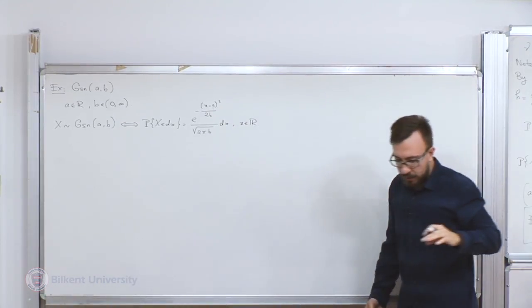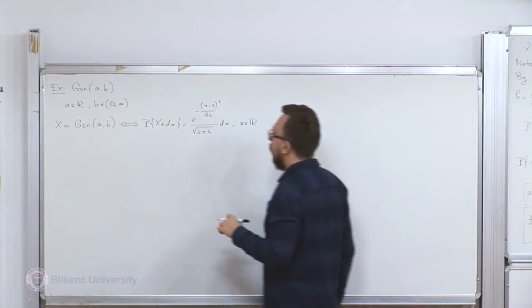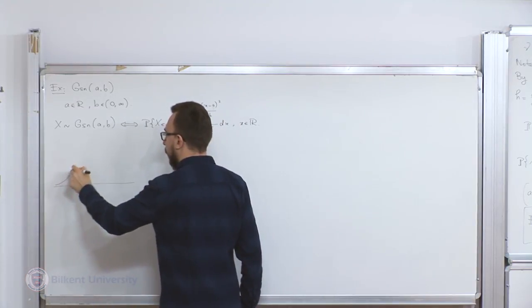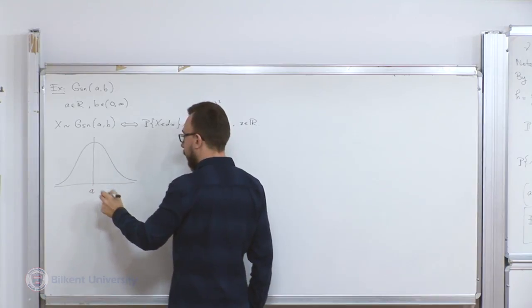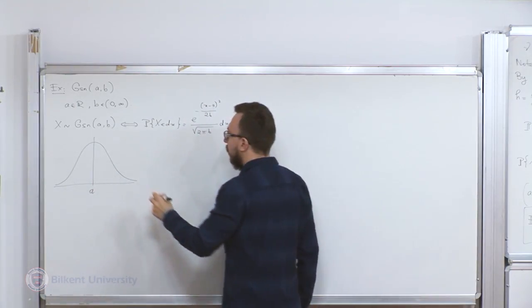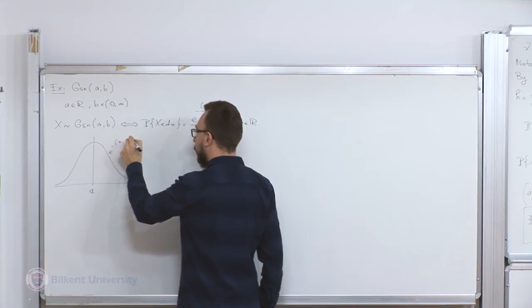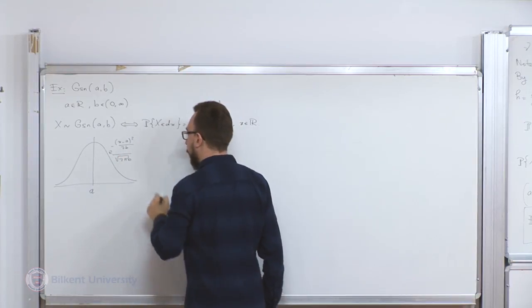So it can take values from minus to plus infinity. Its shape is something like this. It's centered around a.